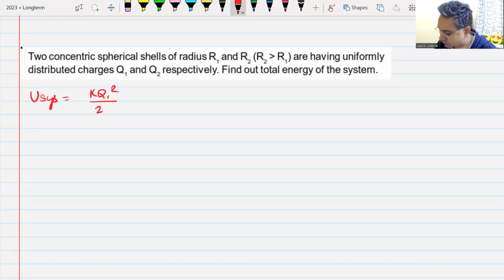K q1 square by 2r1 plus K q2 square by 2r2, and then you find out the mutual energy, yes or no? Find out the potential due to the inner sphere on the outer sphere, or the potential due to the outer sphere on the inner sphere.